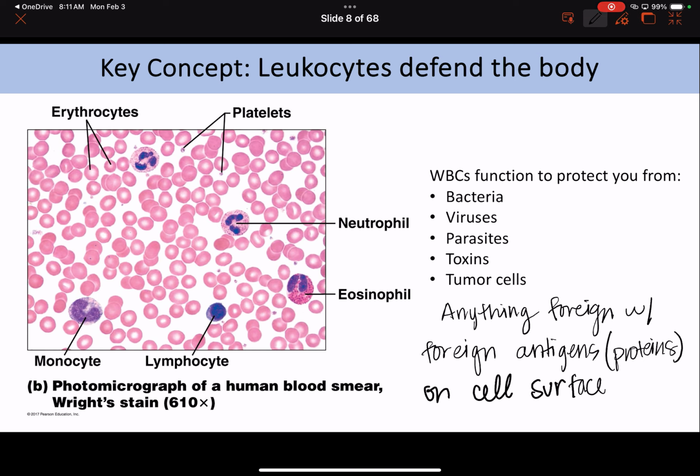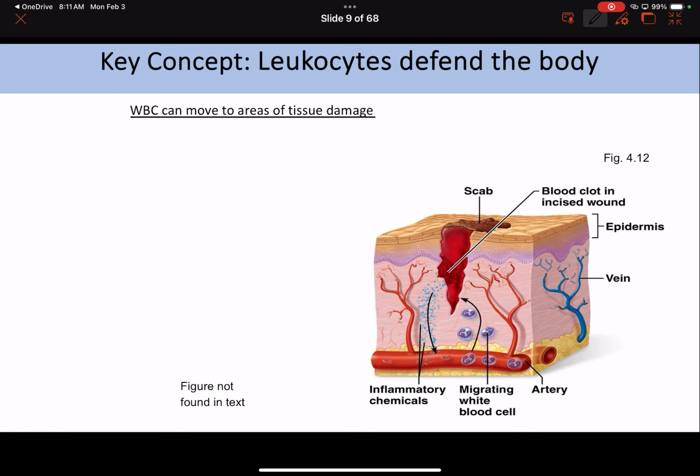Okay, any questions so far? So a little bit about how leukocytes behave. You should already know from the integumentary system and the inflammatory response. So white blood cells have the ability to move to areas of damage, so they can leave the bloodstream and go to a site of injury. And they do so by positive chemotaxis.